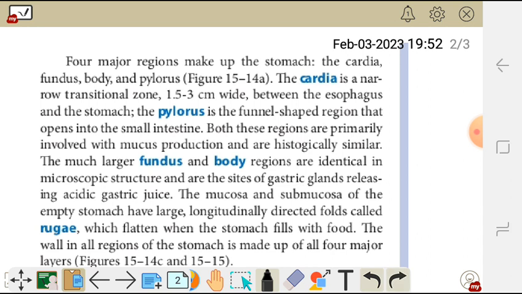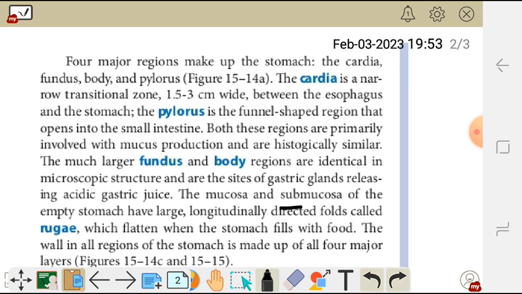Gastric glands are mainly located in the fundus and the body of the stomach, and these glands release what we call acidic gastric juice. That's what is released by the fundus and the body. Now in their lumens we have the gastric glands, which release the acidic gastric juice. Okay, so let's move on.